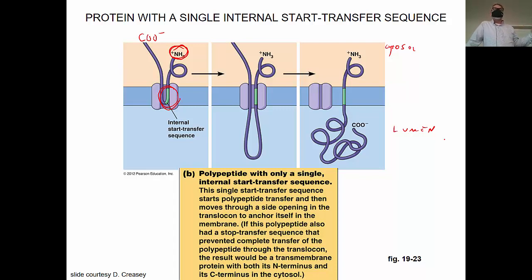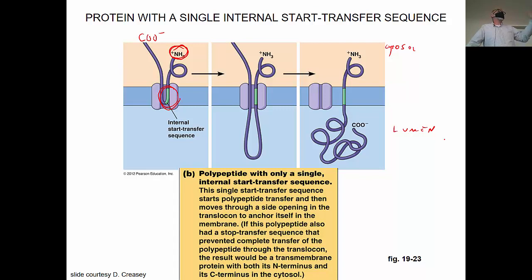So in this example, the way this transmembrane protein is arranged is the N-terminus is in the cytosol, and the C-terminus is inside the ER lumen. We're going to see that that's important because when this thing goes to the plasma membrane, that orientation remains the same.